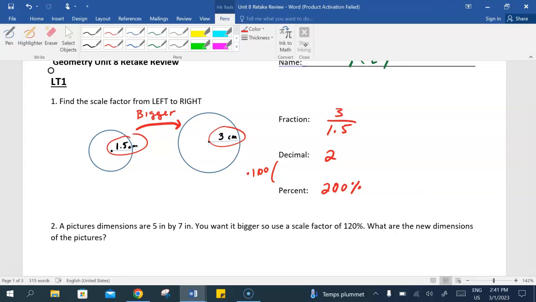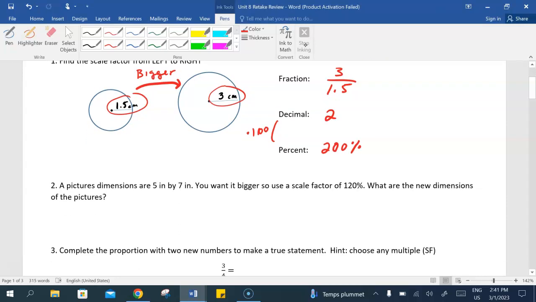Okay? Now the next one, they give you picture dimensions that are 5 inches by 7, and you want a bigger scale factor of 120%. Now I know that this is a bigger scale factor just by looking at the percentage because it's greater than 1 whole. 1 whole would be 100%. So if you have something that's over 100%, then your image is going to get bigger.